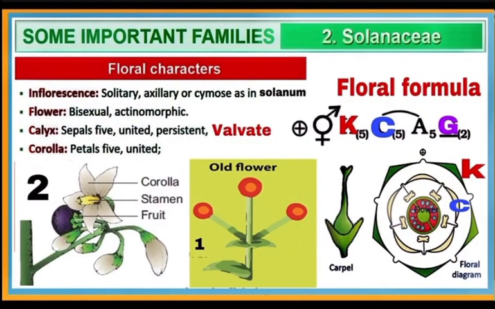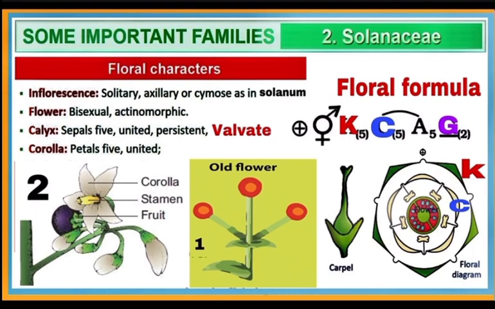Now, floral characters. See the inflorescence. It is solitary, axillary or cymose type. Flower is present at the tip of the branch as shown in figures 1 and 2. Flower is bisexual. It is actinomorphic. Calyx or sepals are 5 in number.